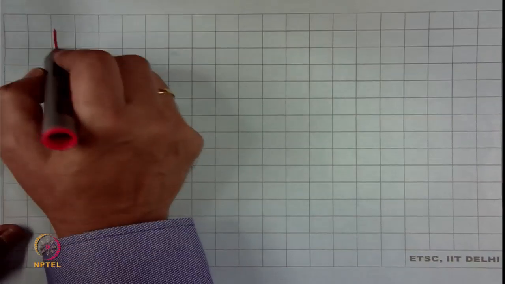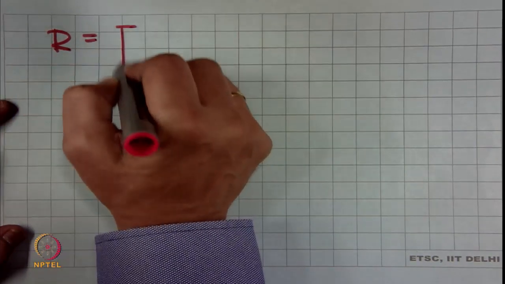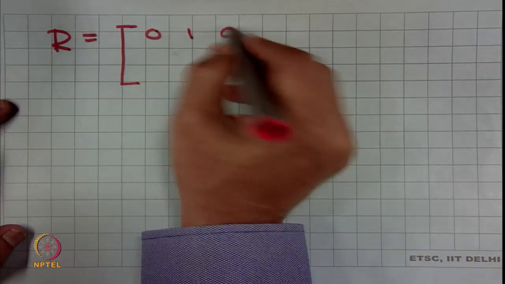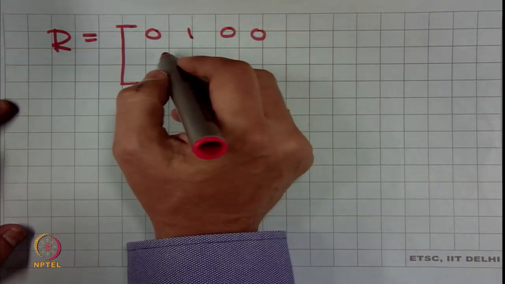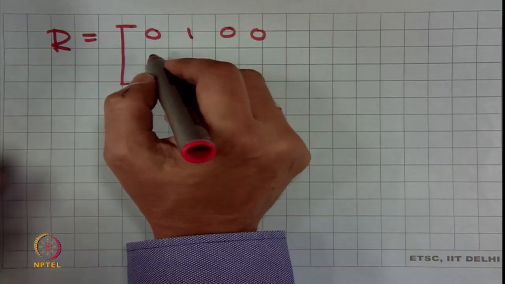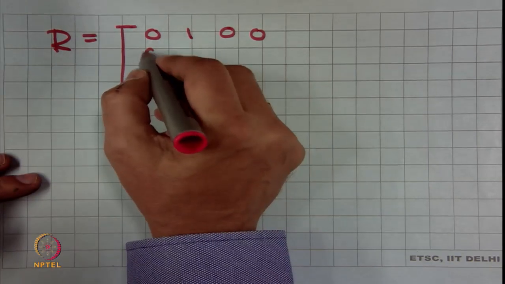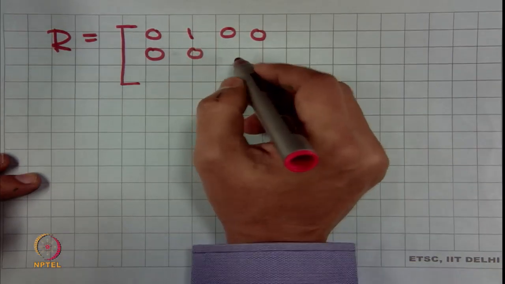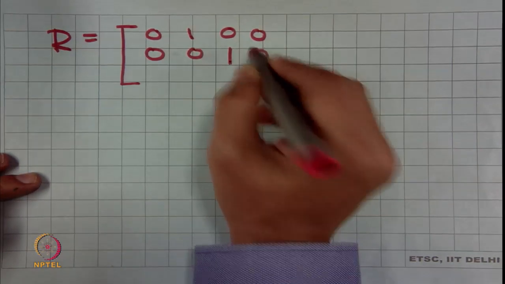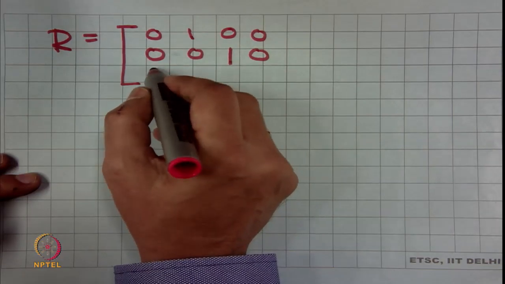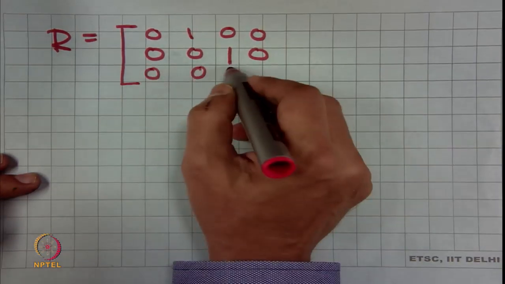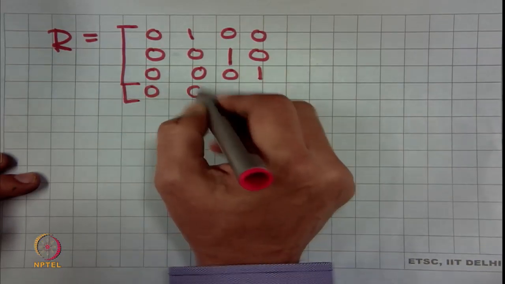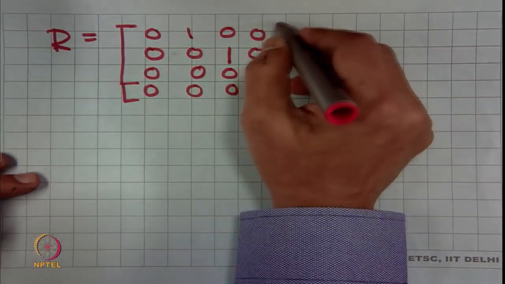R is equal to 0, 1, 0, 0; 0, 0, 1, 0; 0, 0, 0, 1 and finally 0, 0, 0, 0.